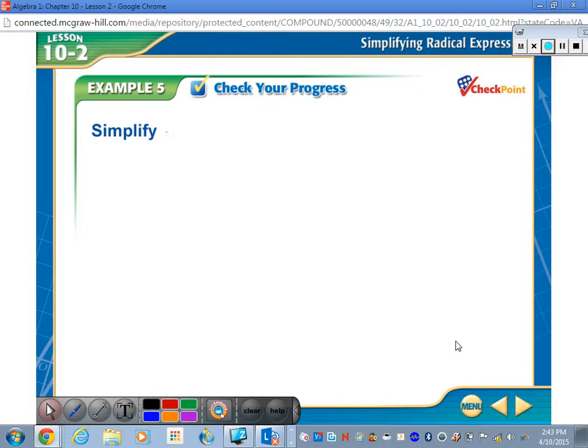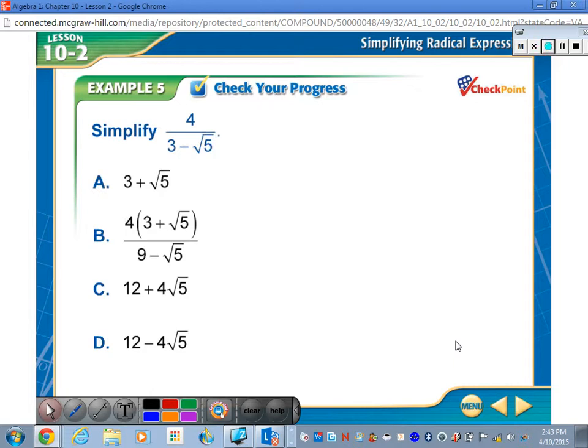Notice that you use that when you have more than one term. So let's do this one, and I'll help you along with this one. And so what you're looking at here is, what we're going to do is multiply times 3 plus the square root of 5. Okay, so you're going to have 4 times 3 plus the square root of 5. On the bottom, you're going to have 9 minus 5. 3 times 3 is 9.